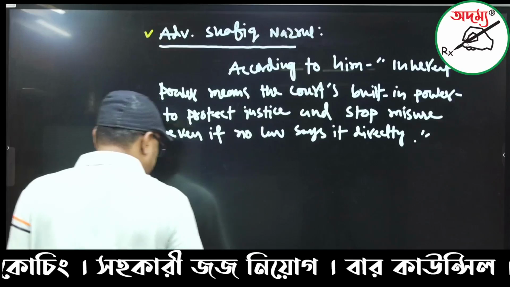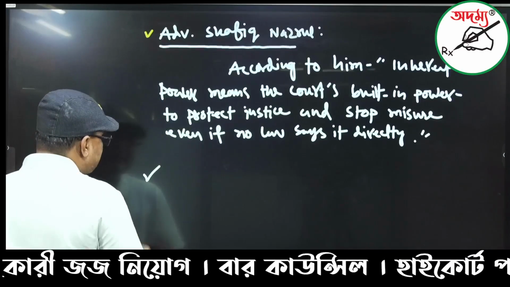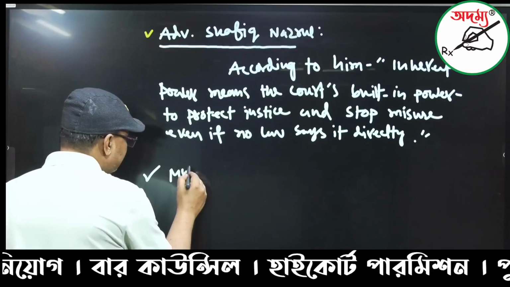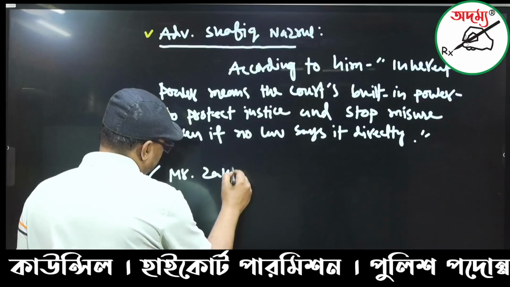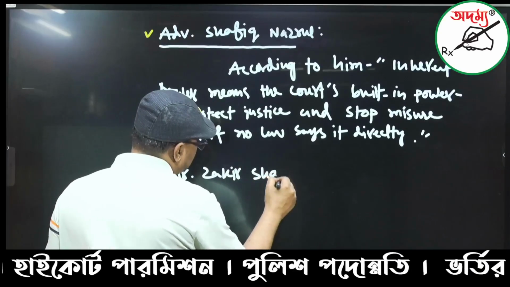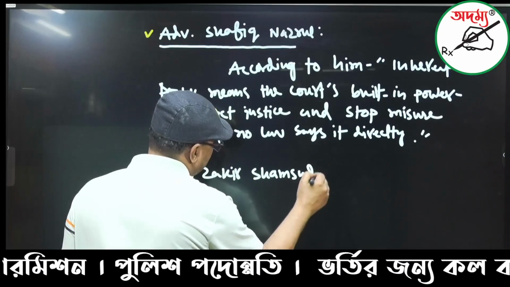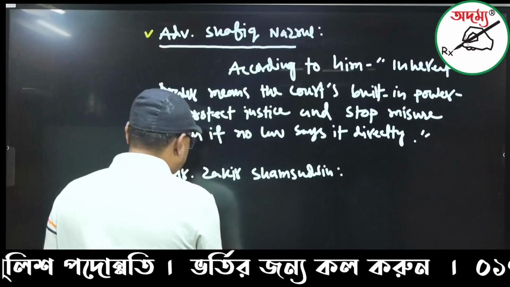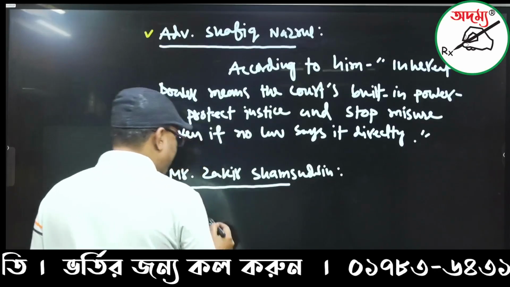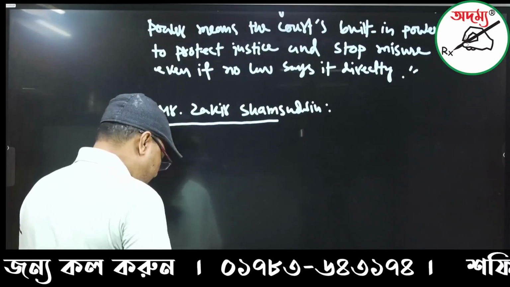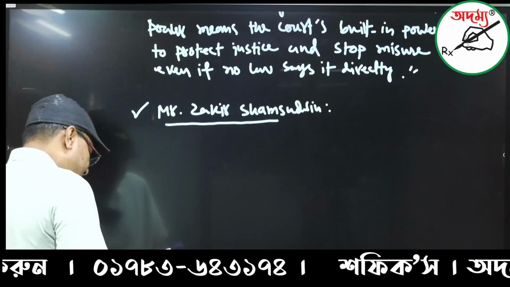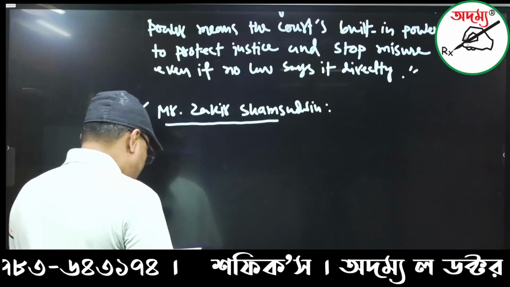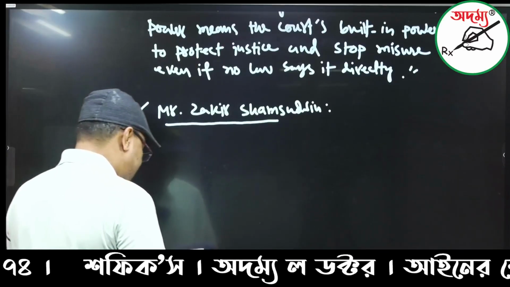Not only that, there is a renowned jurist in our country, Mr. Zakir Samsuddin, who prescribes in this way. That is how you can understand the systematic way in terms of the inherent power of the code. According to him, inherent power means the fundamental authority of a code to take necessary action to ensure justice.